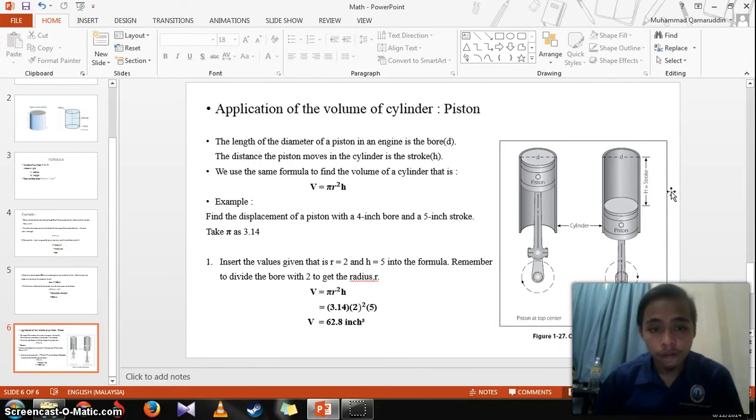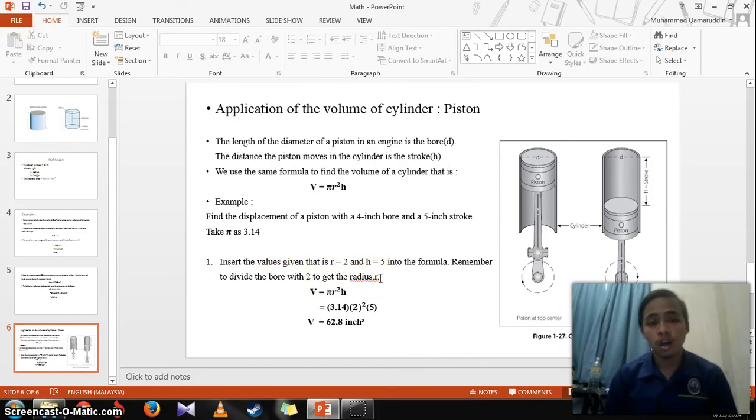Okay, for example, find the displacement of a piston with 4-inch bore and a 5-inch stroke. Take pi as 3.14, same as just now. We insert the values given, that is r equals 2 and h equals 5, into the formula. Remember to divide the bore by 2 to get the radius r.